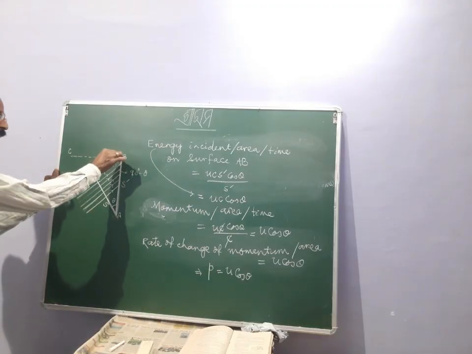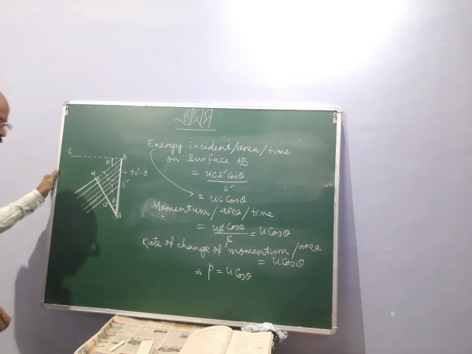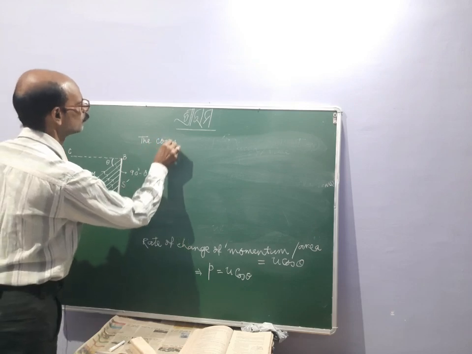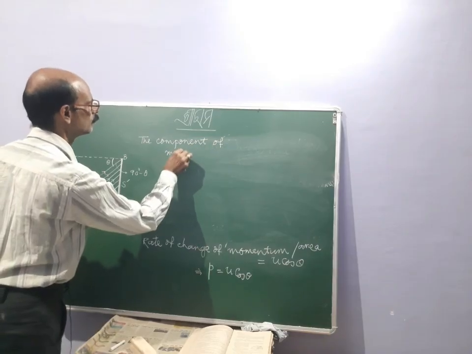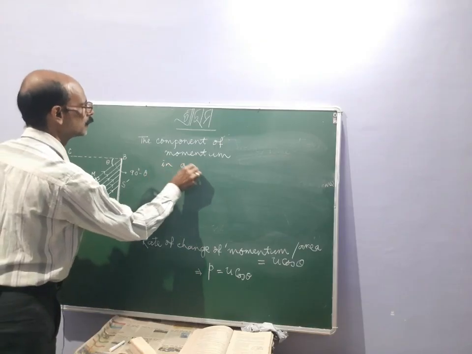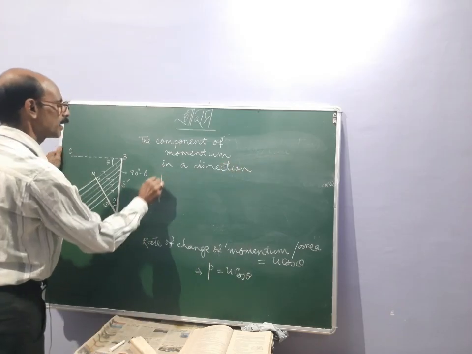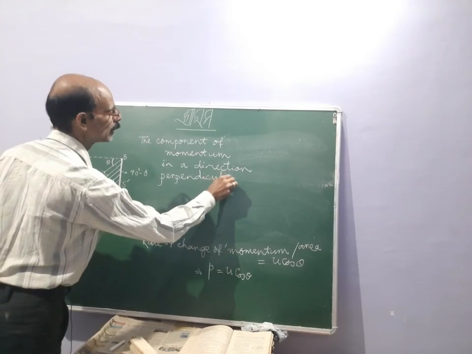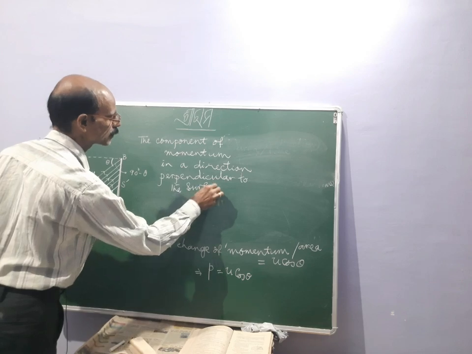So pressure due to radiation on this surface is u cos theta. The component of momentum in a direction perpendicular to the surface.